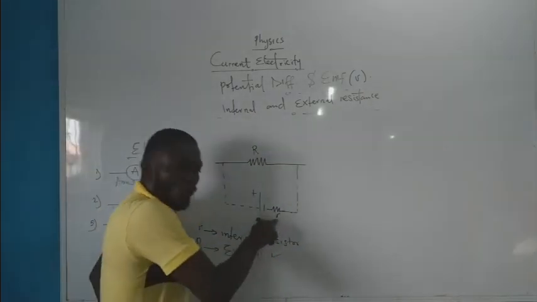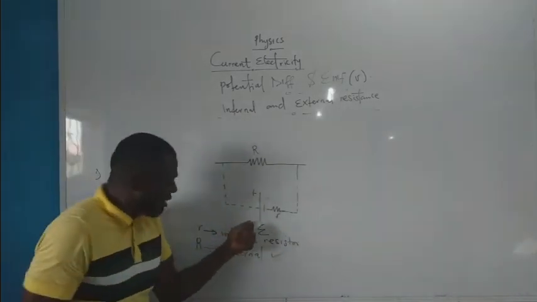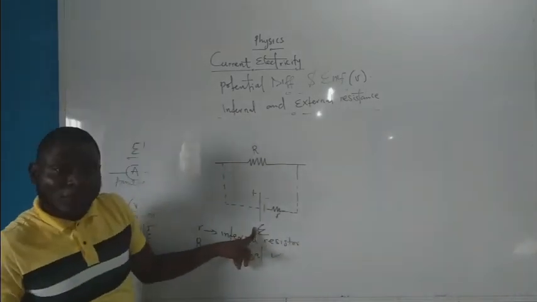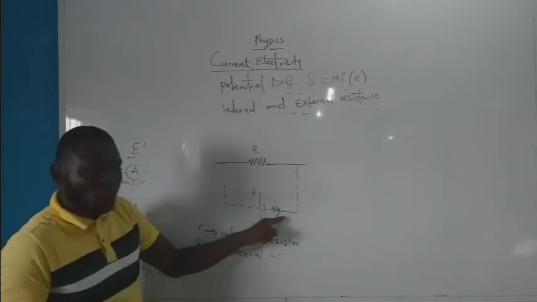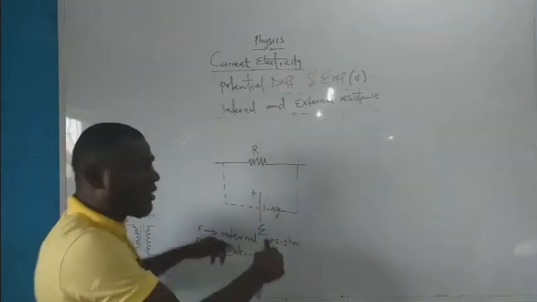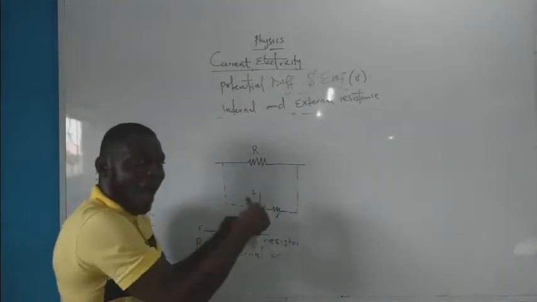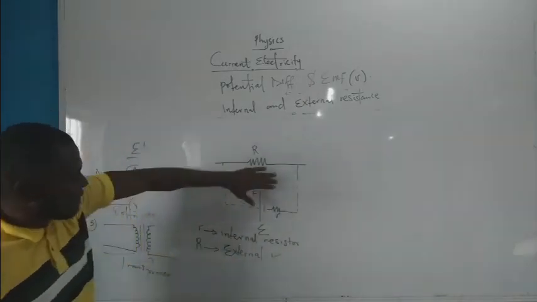The major function of these is to determine the maximum current that this electromotive force will be supplying to this circuit. Don't forget I call this a circuit because this is a closed path where current flows or passes.